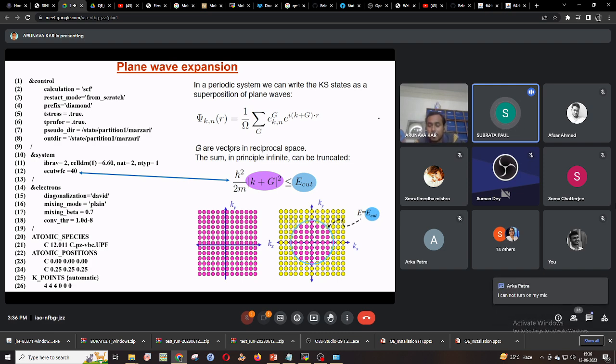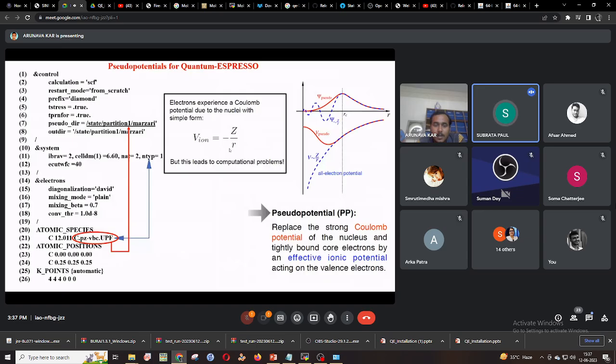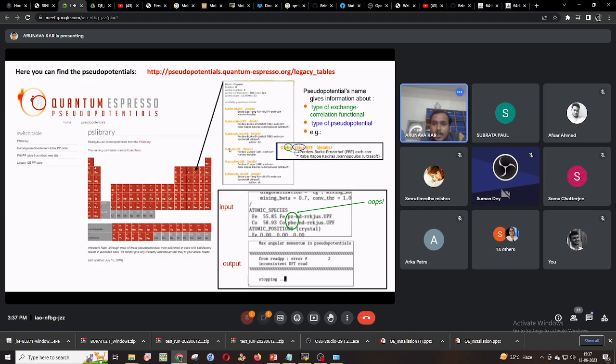Orko's mic is not working, or he cannot turn on his mic.